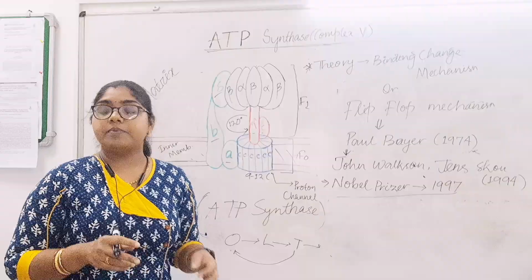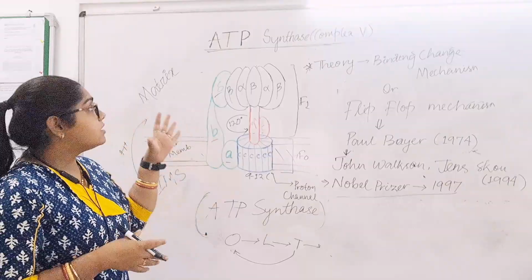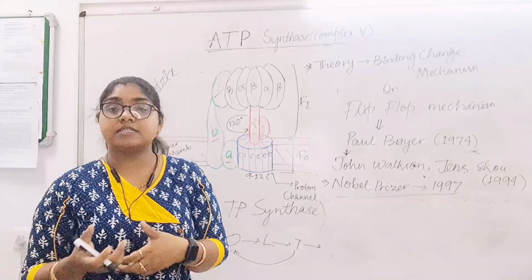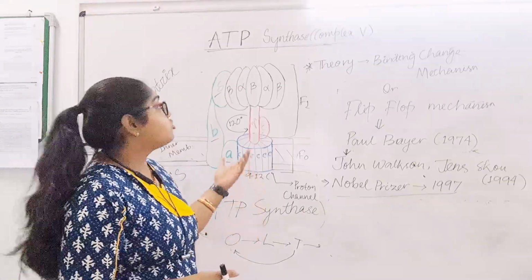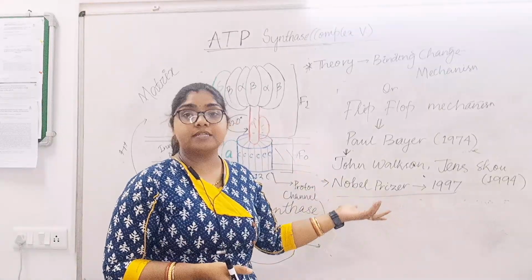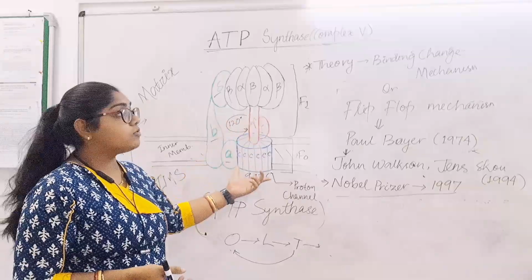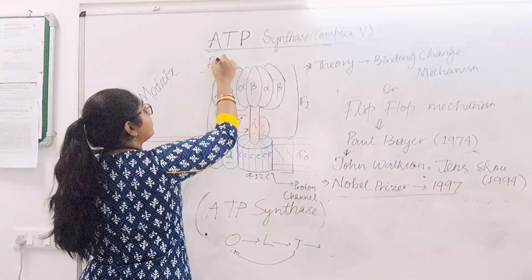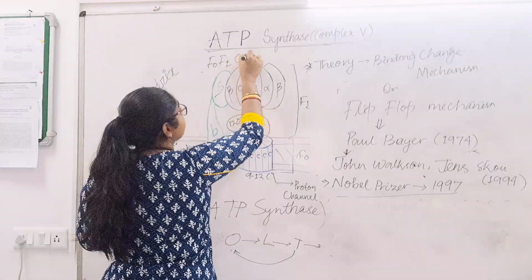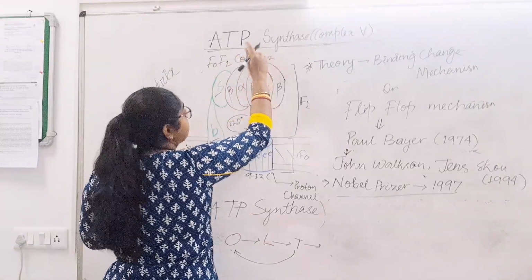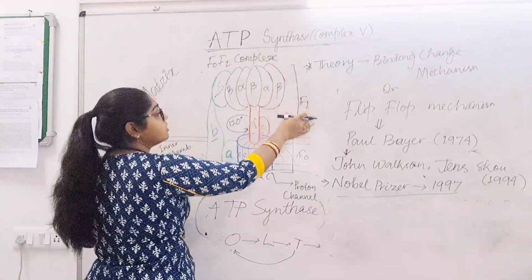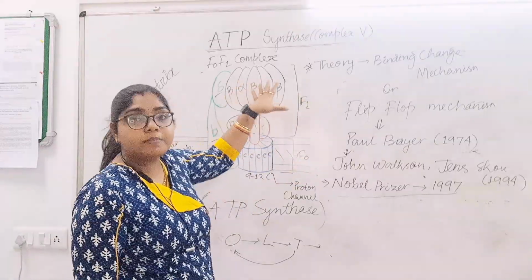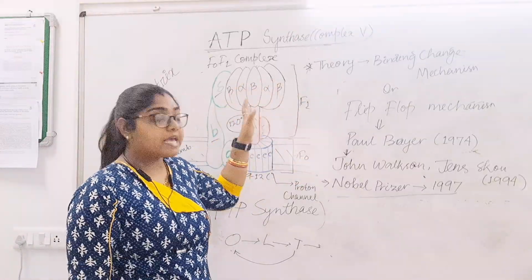So today we have talked about ATP synthase, complex 5, which helps in ATP synthesis in chemiosmosis, and the structure of ATP synthase, that is F naught and F1, known as the F naught F1 complex or complex 5 or ATP synthase. It has two regions, the F naught region and the F1 region. The F1 region has alpha, beta, gamma, delta and epsilon.